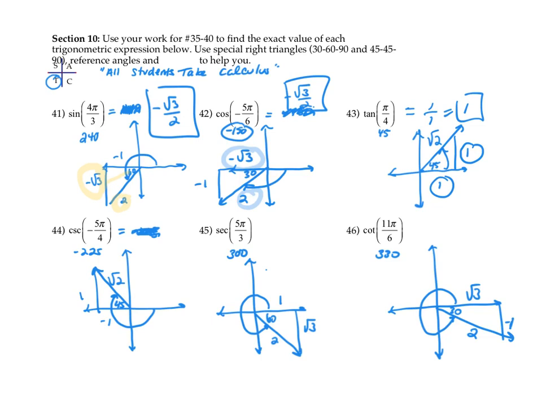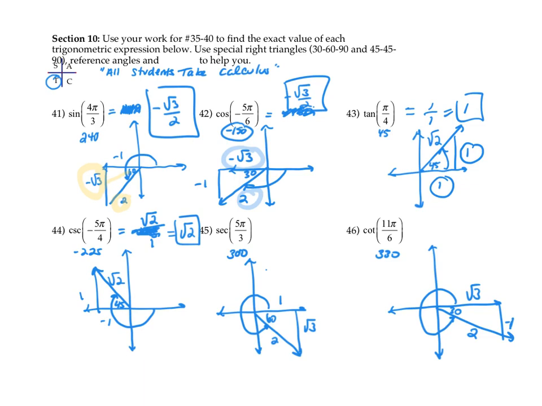Okay, for number 44, it's the cosecant of negative 5 pi over 4, so negative 225. Cosecant is the inverse of the sine function, so sine would be opposite over hypotenuse, so we want to take the hypotenuse, square root of 2, and put it over 1, so it's just the square root of 2.